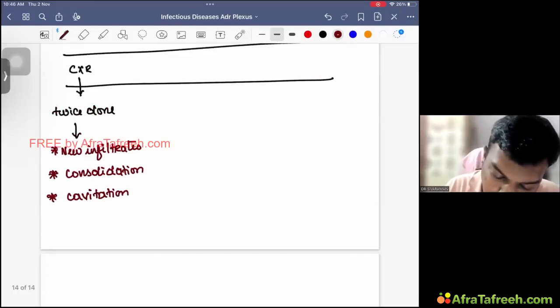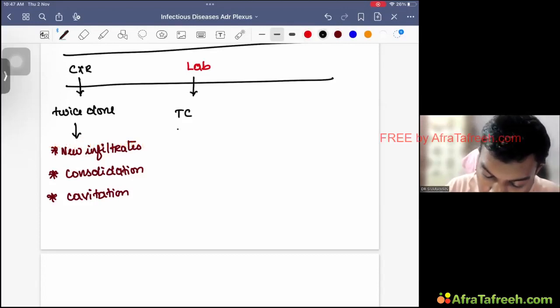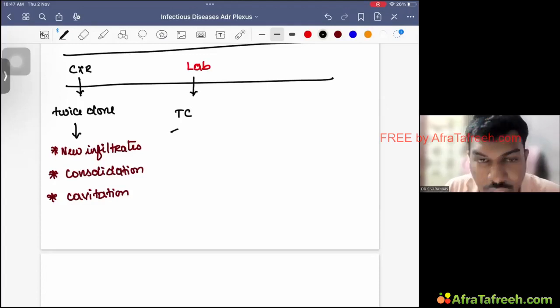Then next is lab parameters. The patient having a total count which is less than 4,000 or more than 12,000.